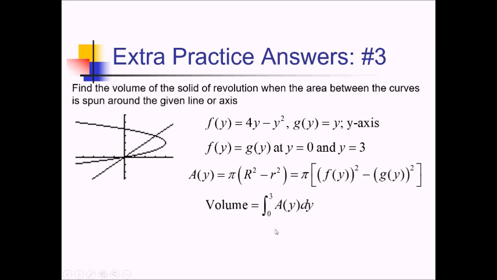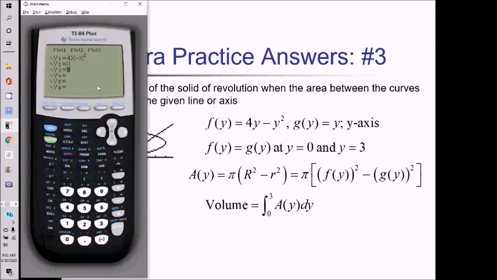Now I have to do that on the calculator. To make my life a little easier and make this a little cleaner on the calculator, I'm going to put this A of y function in my Y3 of my y equals. So let me do pi times, and then open a parentheses. We're going to do f of y squared minus g of y squared. To do that on my calculator, I have f of x basically up here.